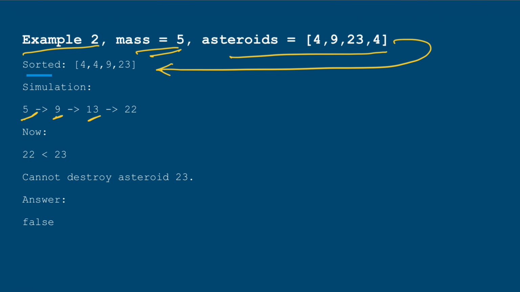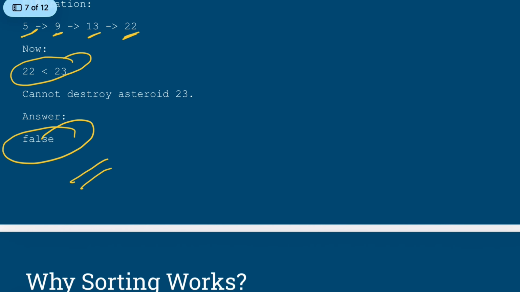Similarly it becomes 13, then 22. For the last one, 22 is less than 23, which means we cannot destroy that asteroid. So we return false, because we destroyed everything up to there, but not the last one.